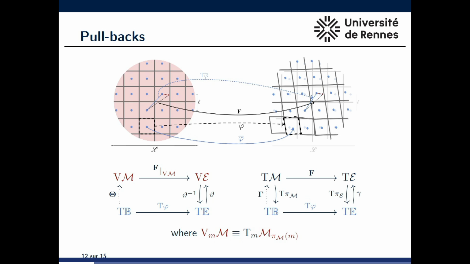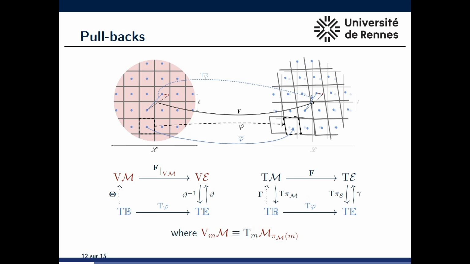Okay, so now that we have the configuration, we can use it to pull back our solder form and our connection on the material space. So this is done the usual way. So we superimpose M over E. And so we have the microscopic space, the microscopic vector in the material space.